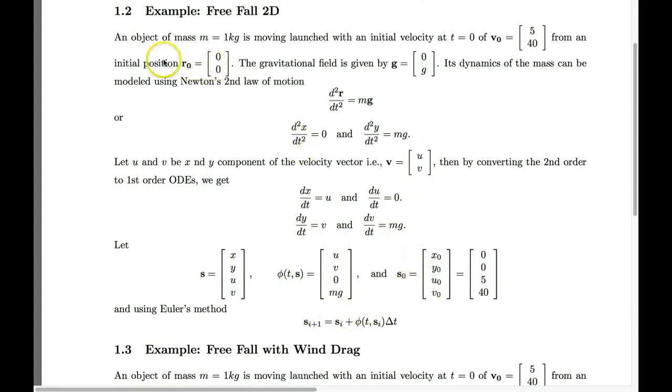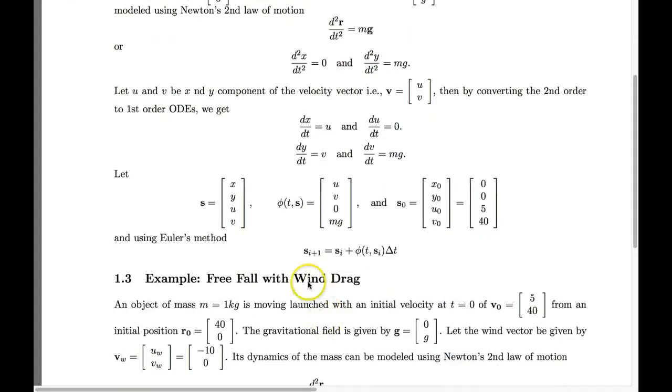The object is initially at the 0, 0 location, moving in the x direction at 5 meters per second and in the y direction at 40 meters per second. So we can make an initial state vector x0, y0, u0, v0, which in our case is 0, 0, 5, and 40.